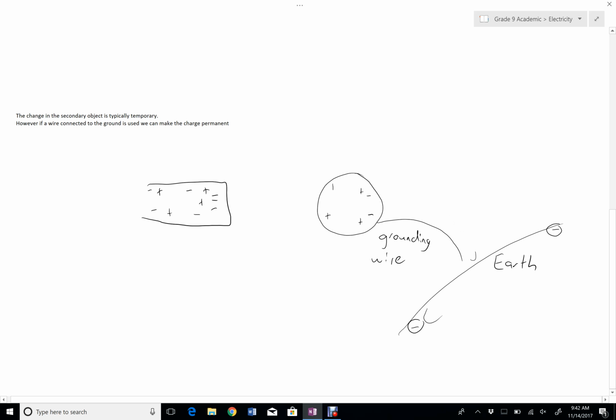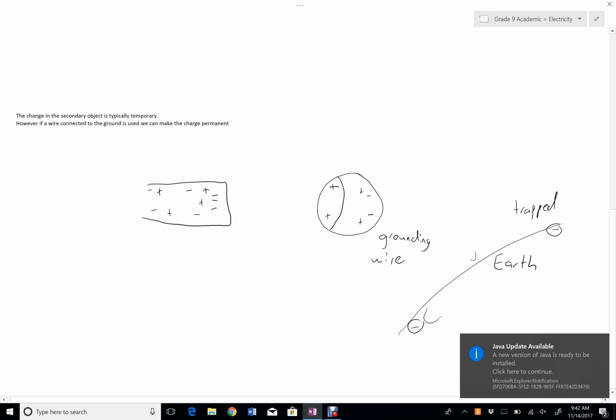Now, we still get a local region, and if we removed our charged object right now, it would still be temporary. They would come all the way back from the Earth back up to where they were. But imagine that right now we come along and we cut this grounding wire. What that means then is these negatives are now trapped in the Earth, and this charge has become permanent.